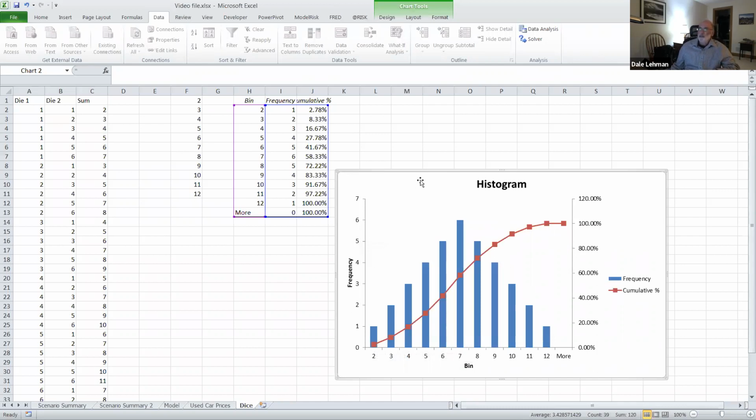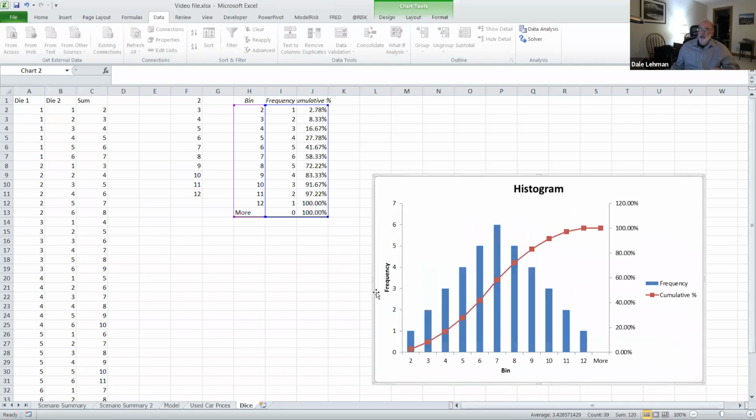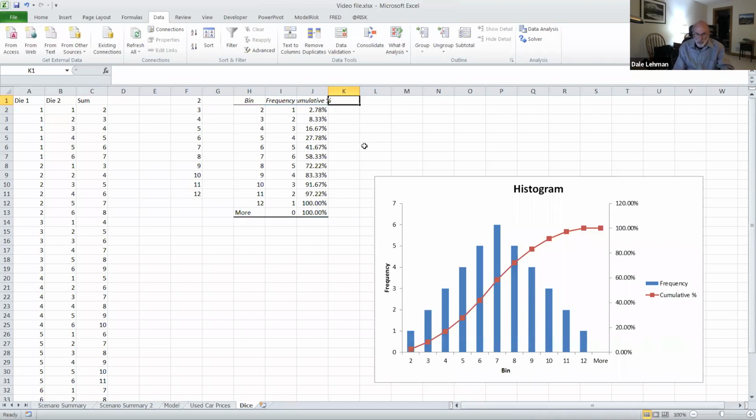It might be helpful to have the frequency appear as what fraction of the time, instead of how many times it happens. So when you see the frequency here, instead of putting the frequency, let's put the fraction.